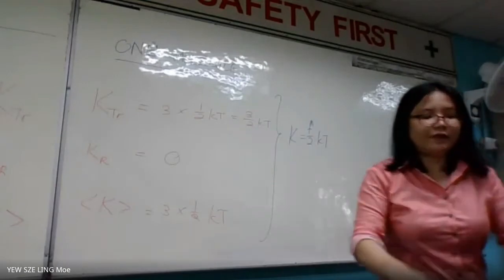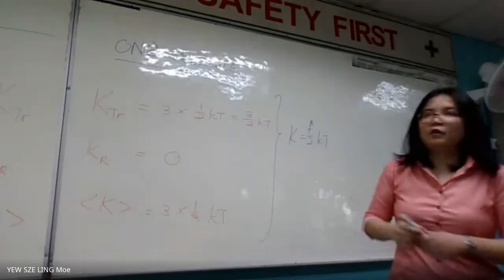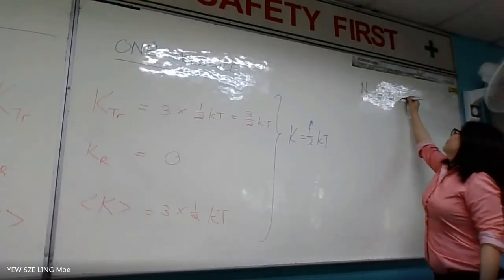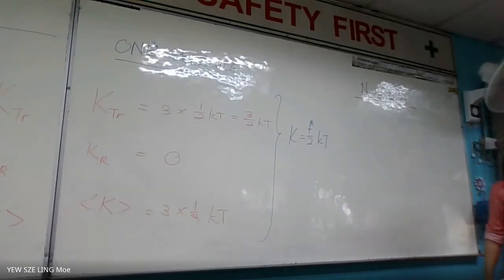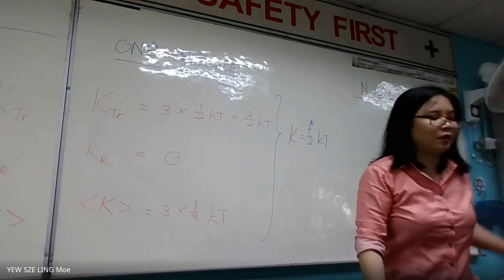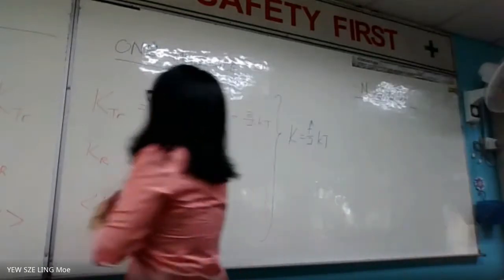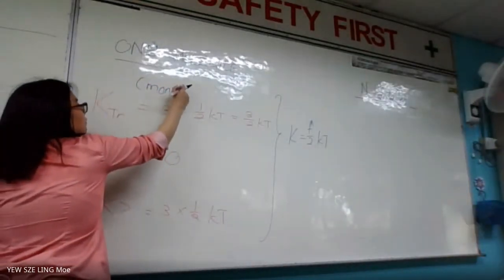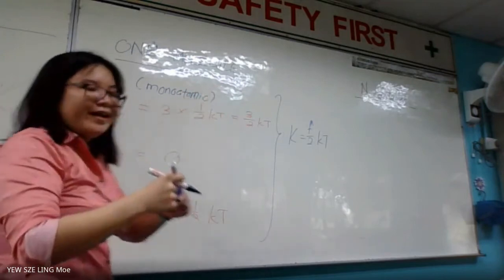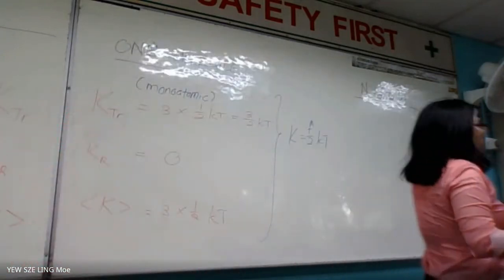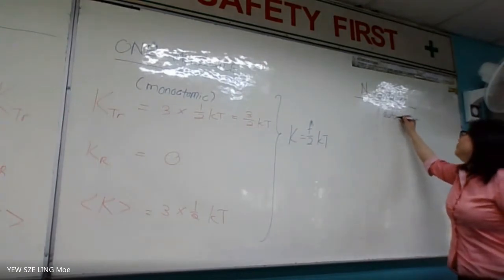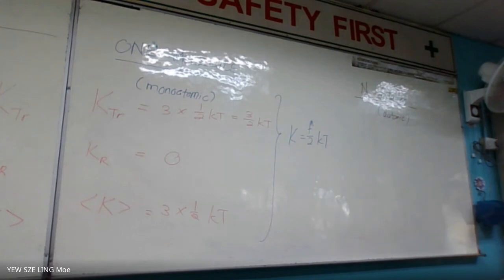Now, if you have more than one molecule, for example, you have n molecules, then how are you going to calculate the kinetic energy? Before, this was an example for monoatomic. Now for n molecules, I'm going to take diatomic as an example.